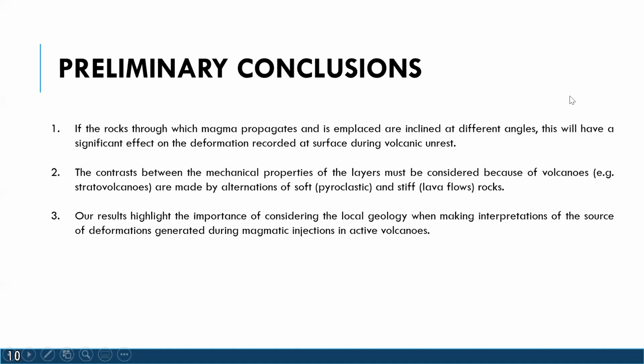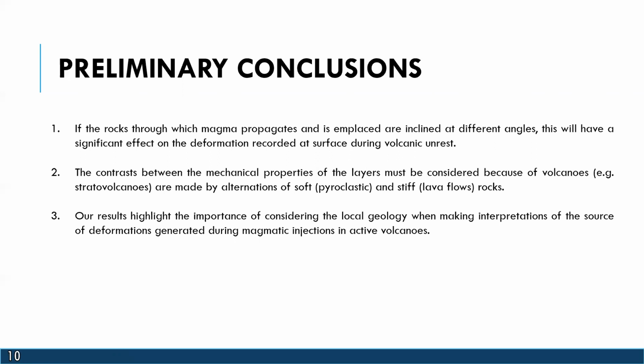Our preliminary conclusions are as follows. First, if the rocks through which magma propagates and is emplaced are inclined at different angles, this will have a significant effect on the deformation recorded at surface during volcanic unrest.